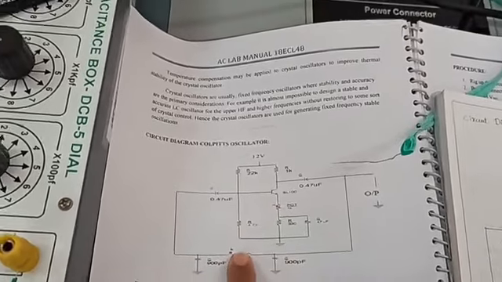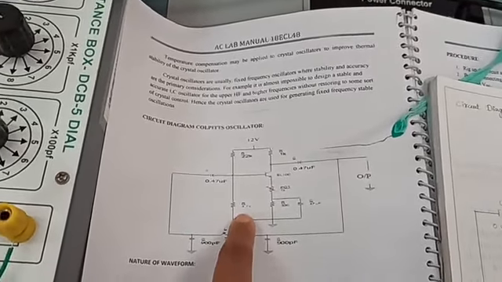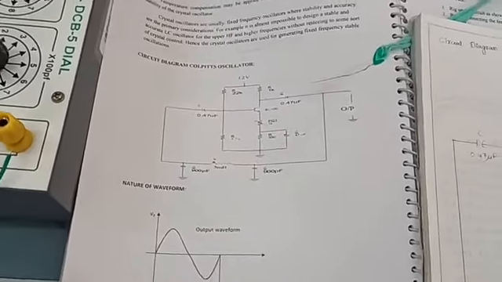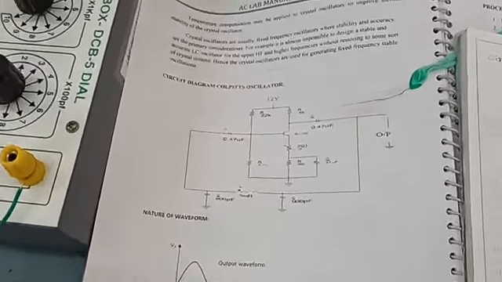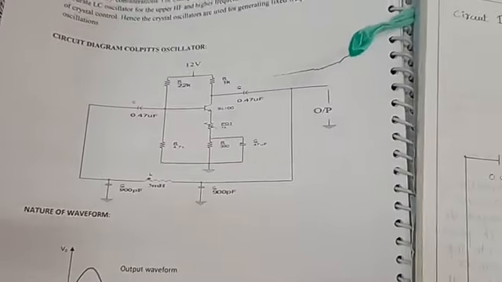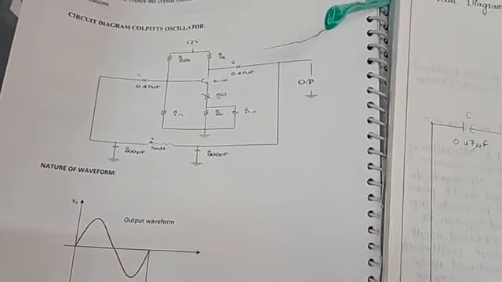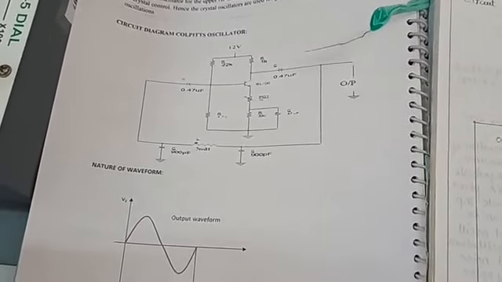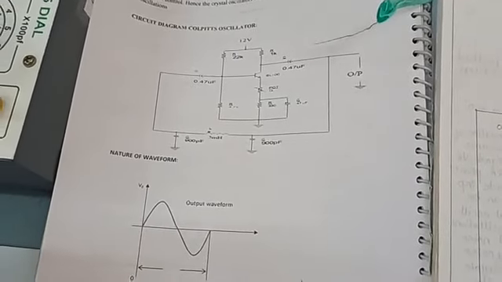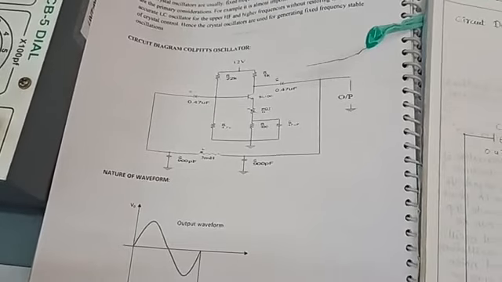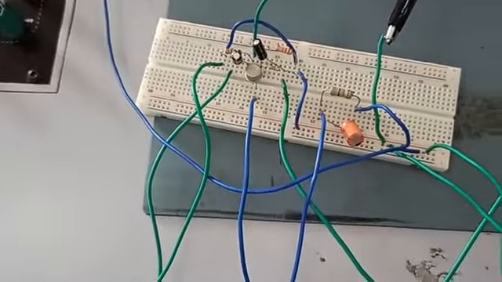From the base we have taken a 4.7 kilo ohm resistor, which is again grounded. This is the circuit diagram of the Colpitts oscillator. It is going to generate oscillations of the desired frequency.